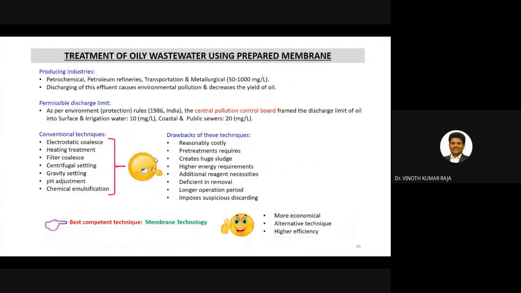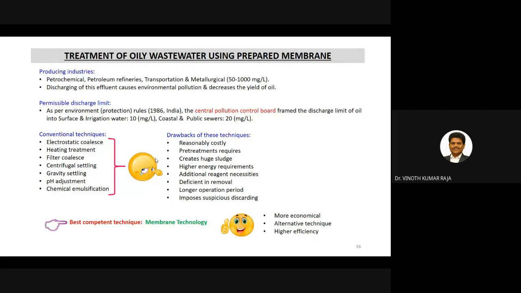So we have identified one wastewater treatment application, that is the oily wastewater treatment application. We would like to test this membrane as the pore size is in the microfiltration range, as a huge volume of oily wastewater is created from different process industries such as petrochemical, petroleum refineries, transportation, and metallurgical industries.